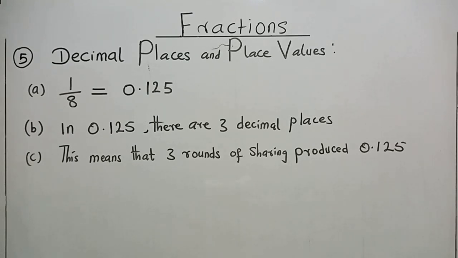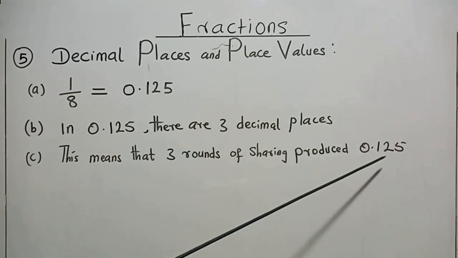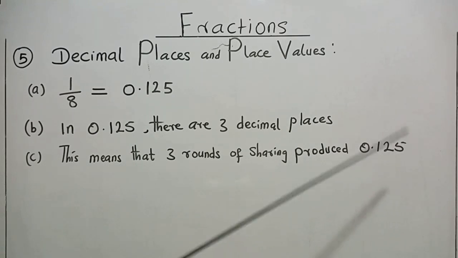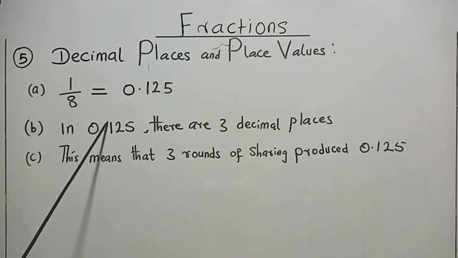In all, there were 3 times the 8 persons had to pick from portions. Because of that, we say that there are 3 decimal places in this. This means that 3 rounds of sharing took place before 0.125 was produced. That is the meaning of this statement.